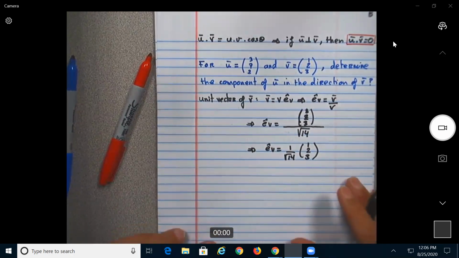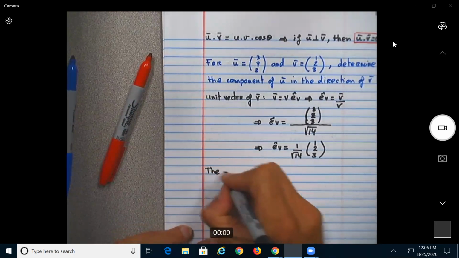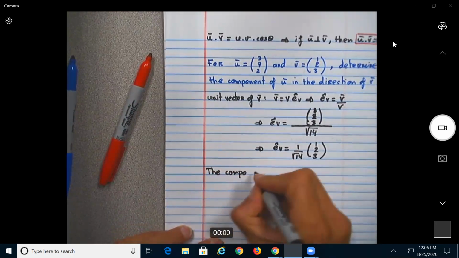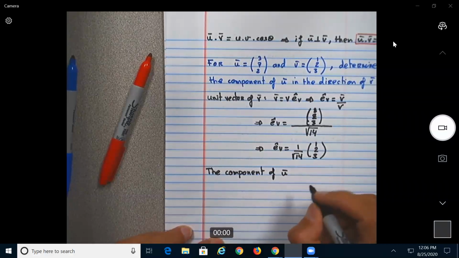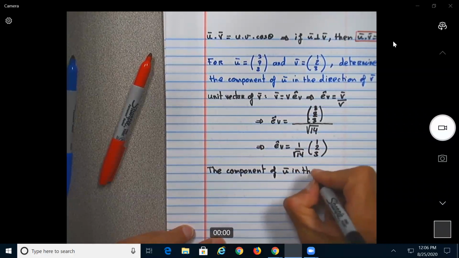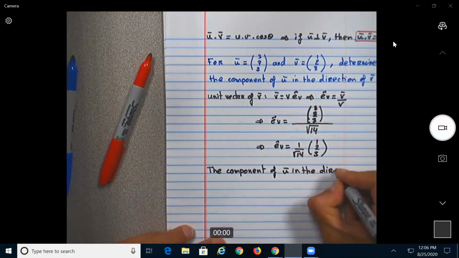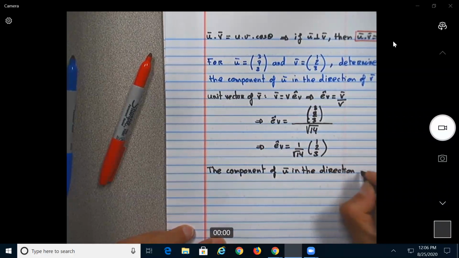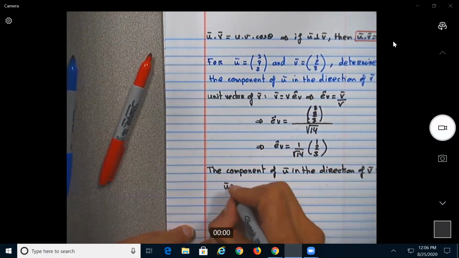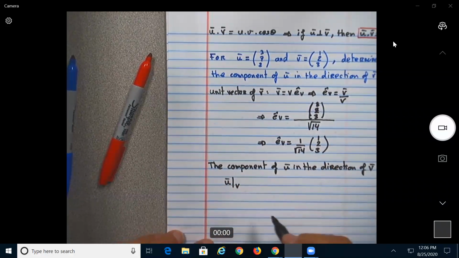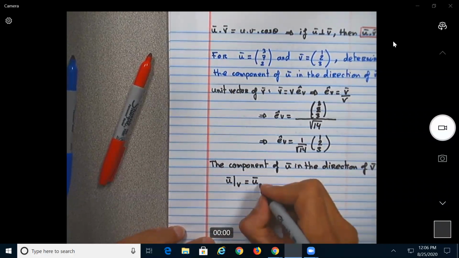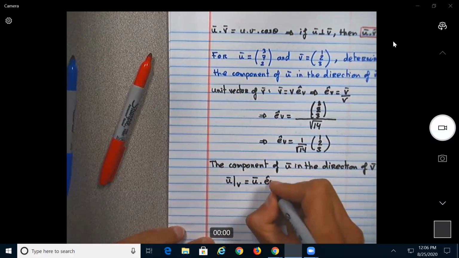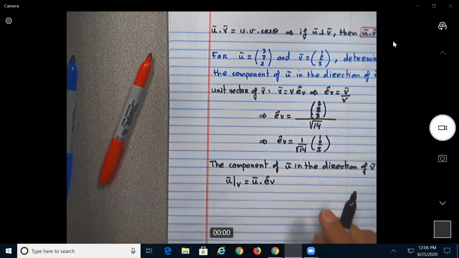So now, the component of U in the direction of V will be given by what? U in the direction of V will be equal to U, which is the vector, dotted with the unit vector in the V direction.